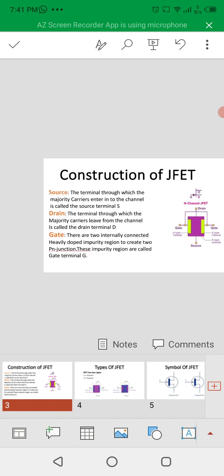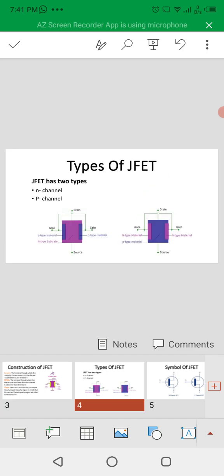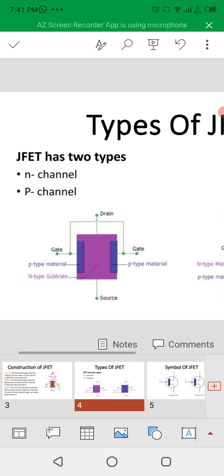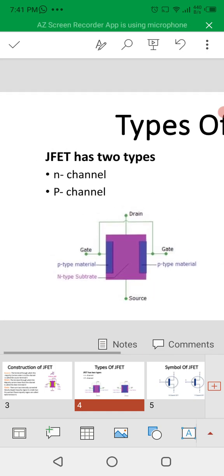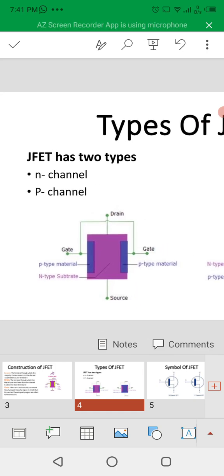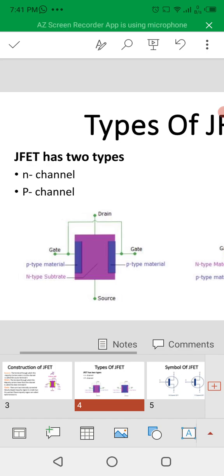Next we discuss types of JFET. There are two types of JFET: N channel and P channel. What is N channel and what is P channel? Firstly, N channel. A channel is a semiconductor material doped to contain positive charge or negative charge.